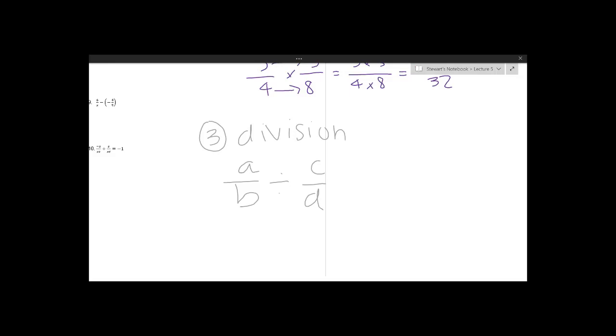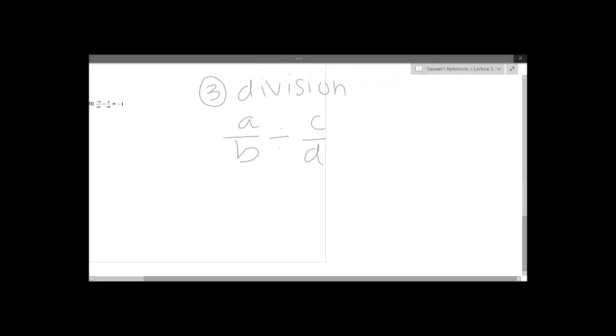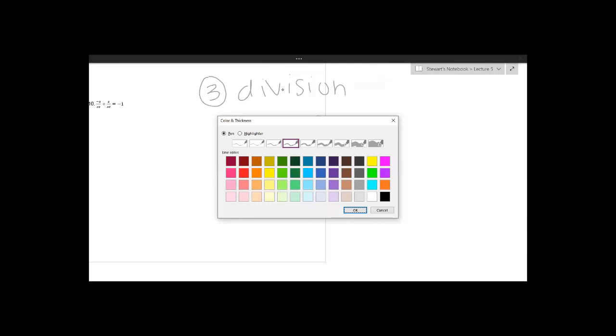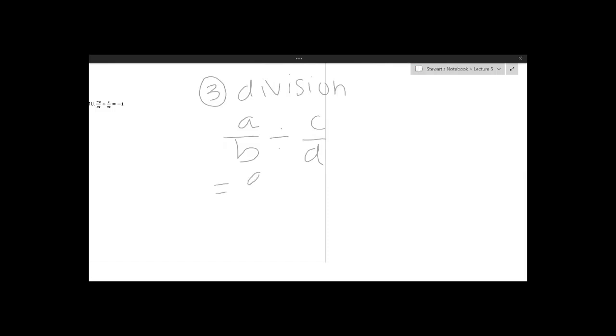When you're dividing by these, you can't really divide straight across when you're dealing with fractions. So this turns into a over b times d over c.